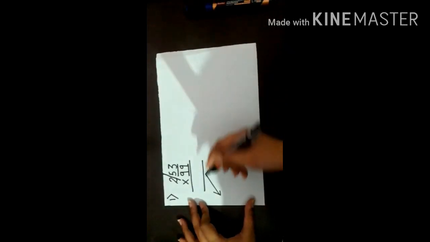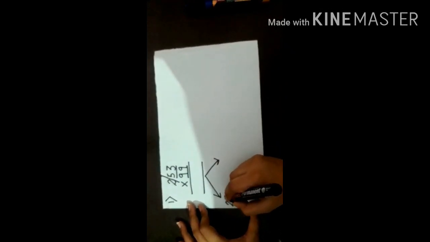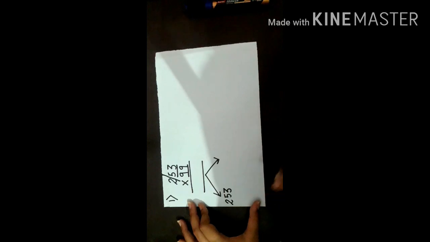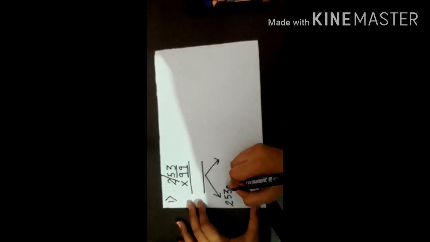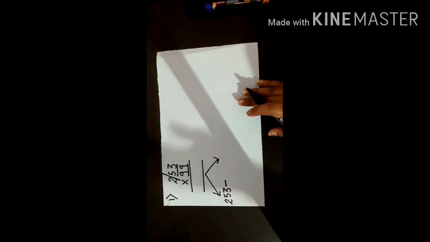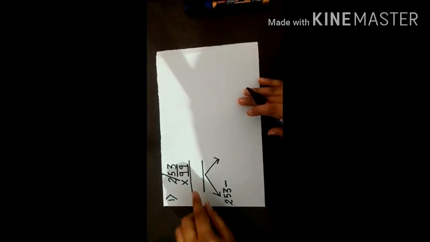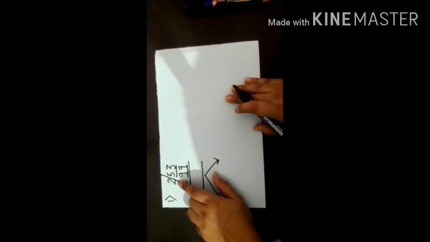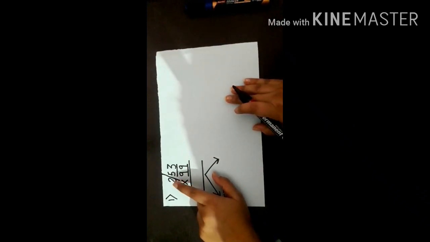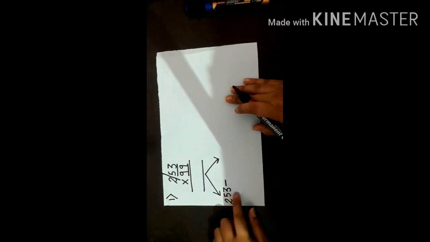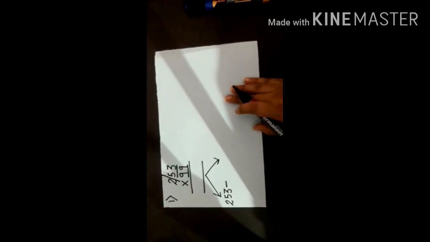Now, as I've always said, use your multiplicand. Your multiplicand is 253. In your previous types, you were subtracting from 1. Now, what you have to do? See your first number. The first number is 2. So you have to subtract your multiplicand from one number up.